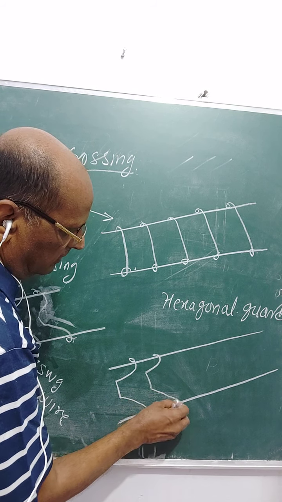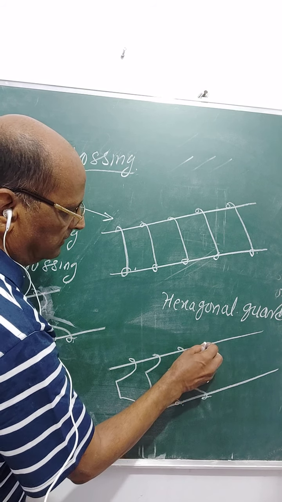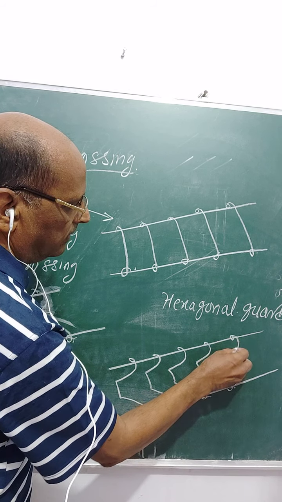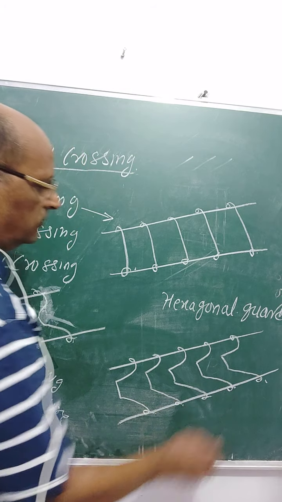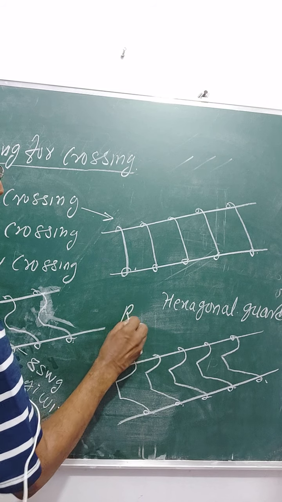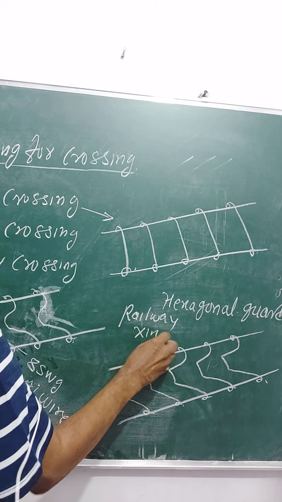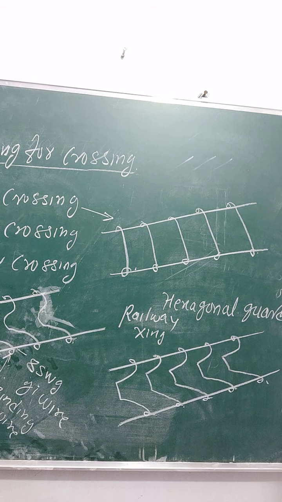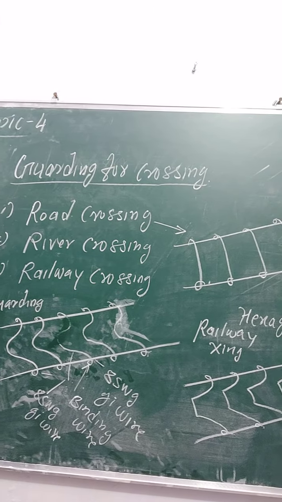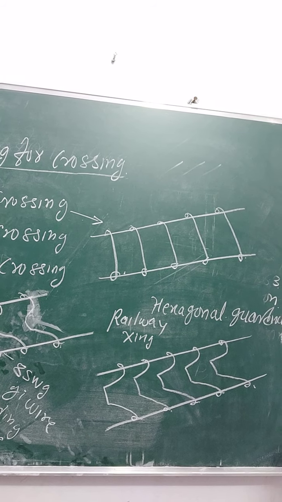This is a chain, this is hexagonal guarding. So this is used for railway crossing. So all the three types of guarding are used for road crossing, river crossing and railway crossing.